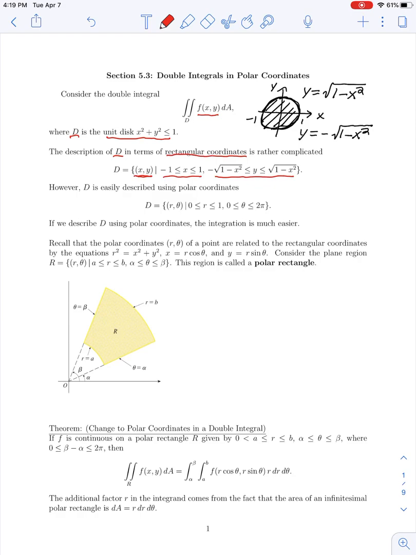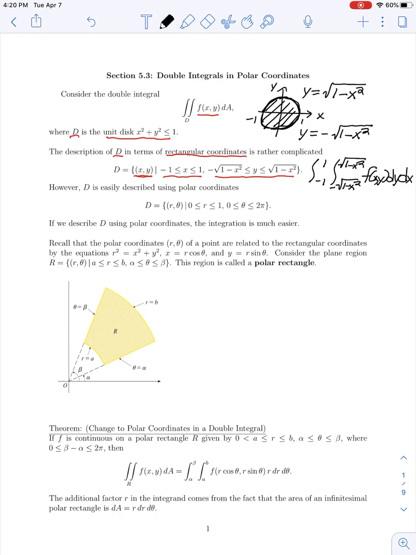So if we were to set up the iterated integral to evaluate our double integral of interest, we would have the integral from -1 to 1 with respect to x, and from negative square root of 1 minus x squared to the positive square root of 1 minus x squared of our function f of x y in the order dy dx. And depending on what this function f is, this could get much messier.